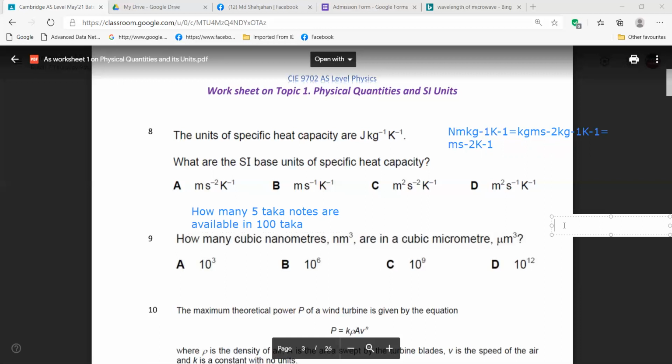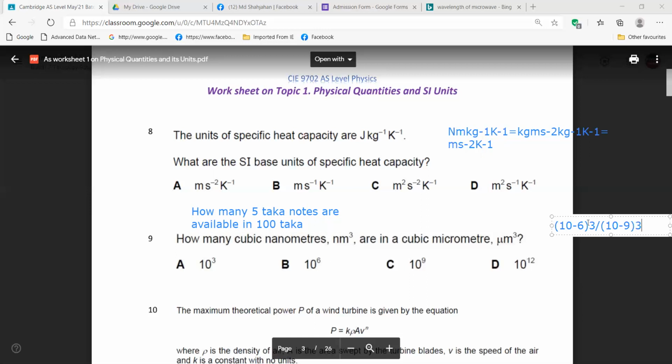Micrometer means 10 to the power minus 6, right? You take also these notes. I don't know how you did it, you did it only in the calculator. Maybe if you also write this beside your copy, it will be easier for you to recall, right? 10 to the minus 6, then we have cube, divided by 10 to the power minus 9 whole cube.